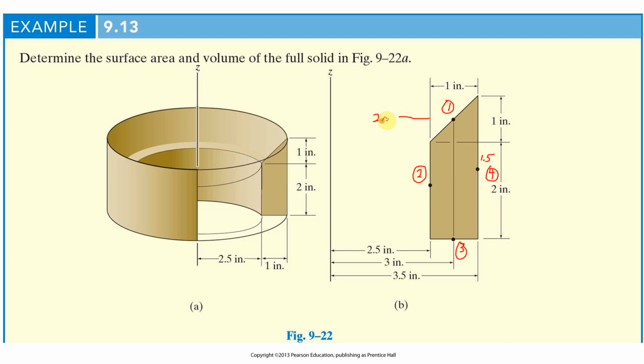There. 2.5 that way. This is 1 inch. 1. There we go. And this is 0. It's at level. Although here's the, that's how far up it is in the z-axis direction. In the r direction, the locations are already marked.